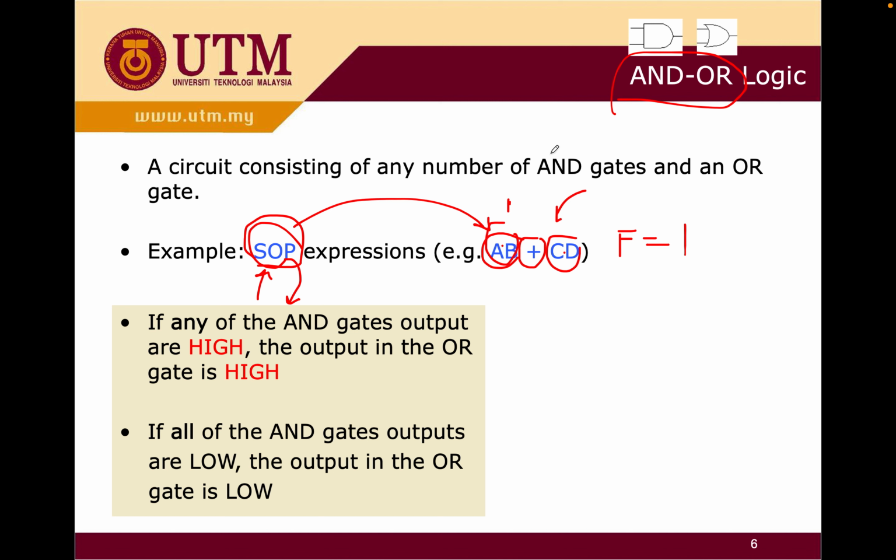So if you have too many AND gates, let's say 10 AND gates, but one of the AND gates has an output of 1, your total output for your Boolean expression, which is your F, will be 1. So go and refer back to SOP and remember what happened there.